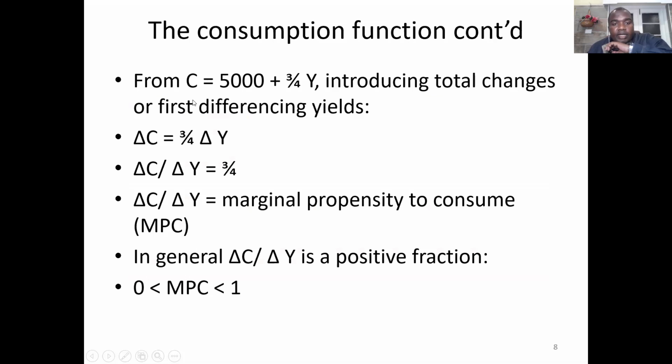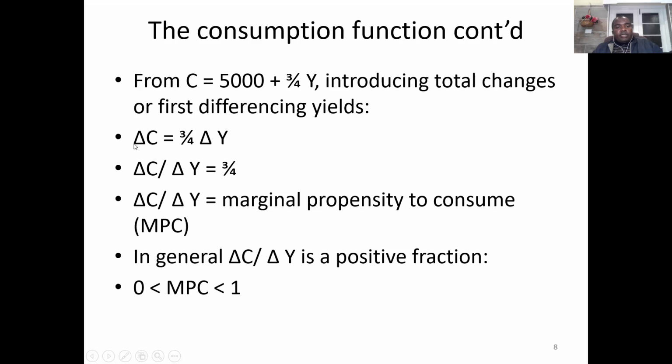On slide number 8, what we see is that from the short-run consumption function C equals 5,000 plus 3/4 of Y, if we introduce changes, we'll have delta C equals 3/4 delta Y, because 5,000 is a constant, its change is 0, so it disappears.